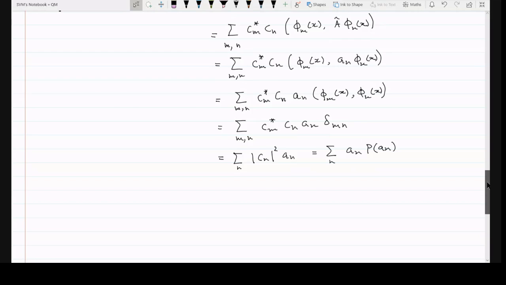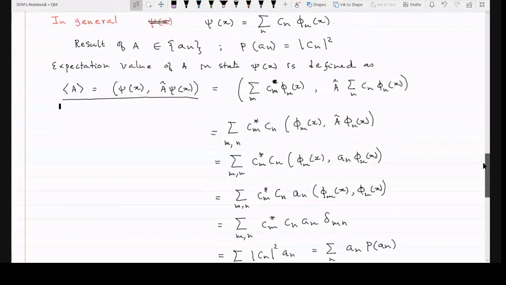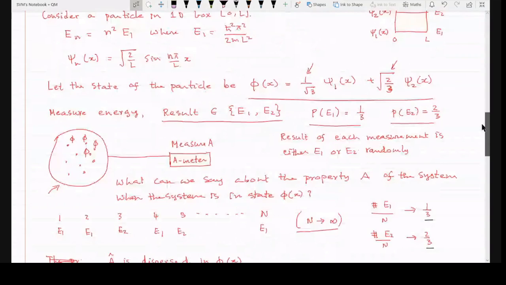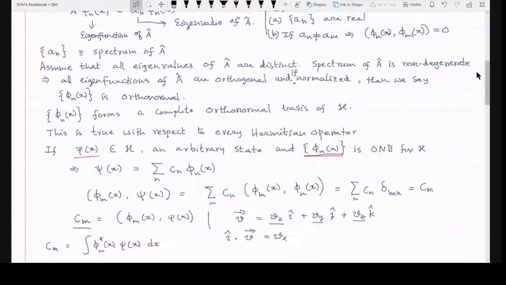Now the point is that there are two things I want you to appreciate. One is the orthonormality property that we talked about, that the eigenspectrum of every Hermitian operator forms a complete orthonormal basis for the Hilbert space.